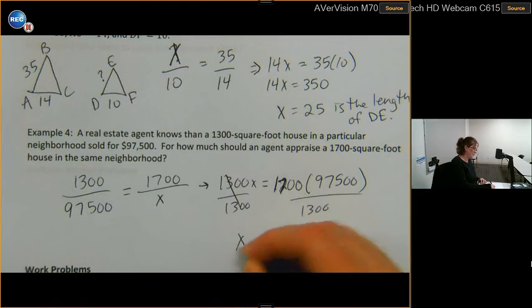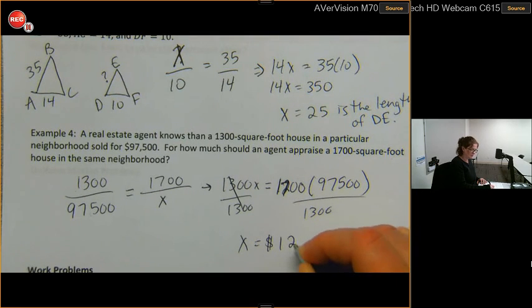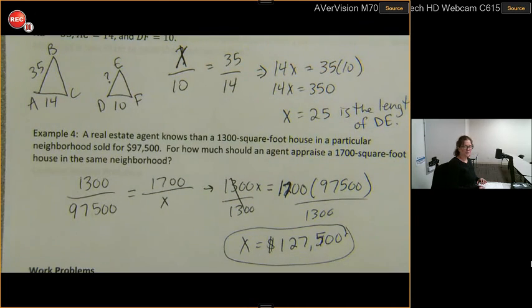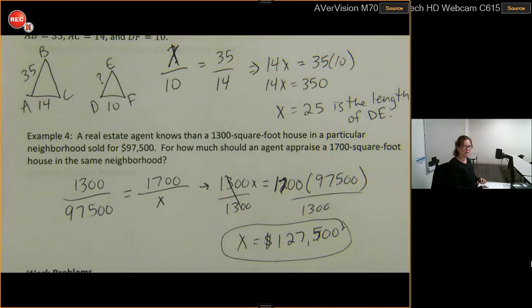And then I would use a calculator, type all in at once, and get an answer of $127,500. So make sure your answer makes sense. It should be more because 1,700 is bigger than 1,300. So 127,500 is more than 97,500.